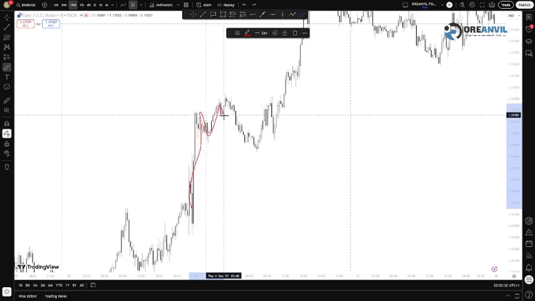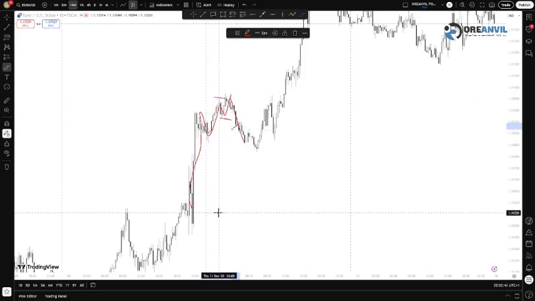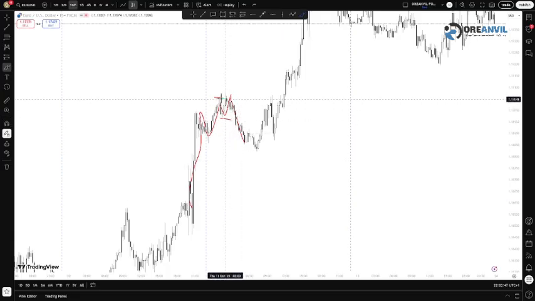Then a push to the downside, then a push to the upside again. Immediately price comes to take this inducement here, I classify this place as a fake BOS inducement. As long as price does not take this low, I don't see this as a fake BOS.